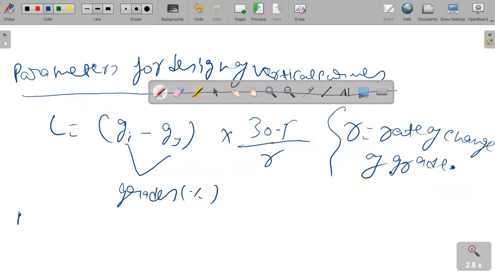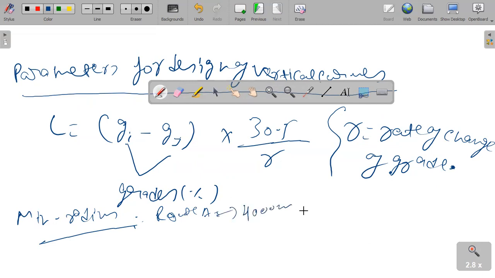This is for broad gauge: route A is 4000 meter.